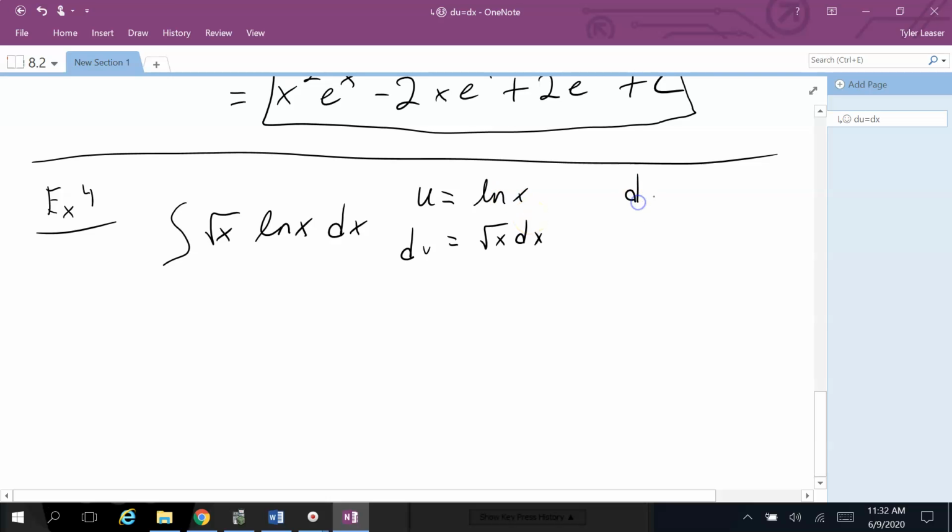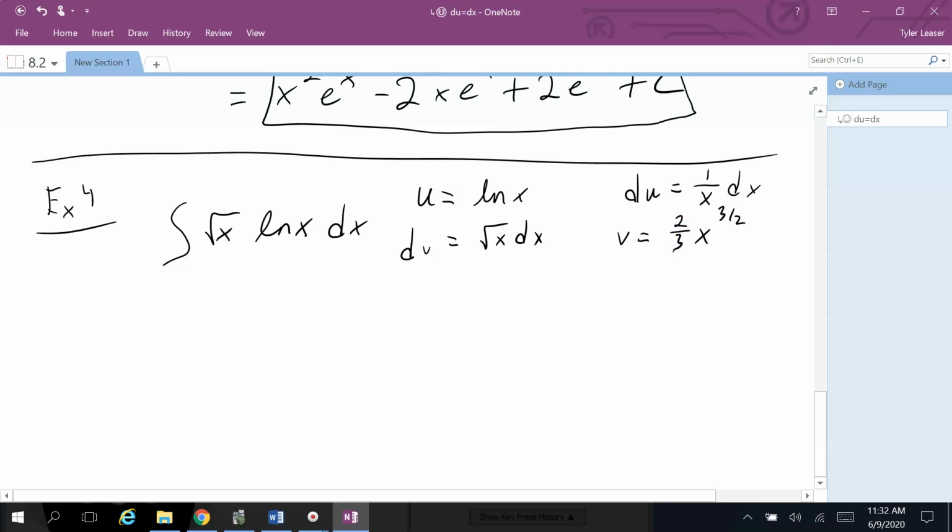All right, now that we have the u, we need to find du, which is just the derivative of the natural log, so 1 over x dx, and then the antiderivative of dv. This is actually x to the 1/2, so the antiderivative is going to be taking that x to the 1/2, raising that up to be x to the 3/2, but then dividing by 3/2, which is multiplying by 2/3.